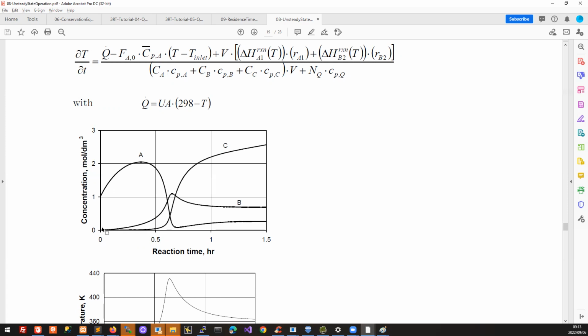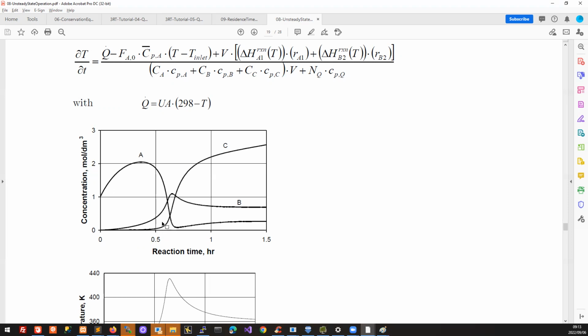So that's why the slope is not fixed here. You can see the concentration of B rising faster and faster. But there comes a point where the rate of A going to B is so high that your A consumption rate is not matched by the feed of A. So your A concentration starts to go down.